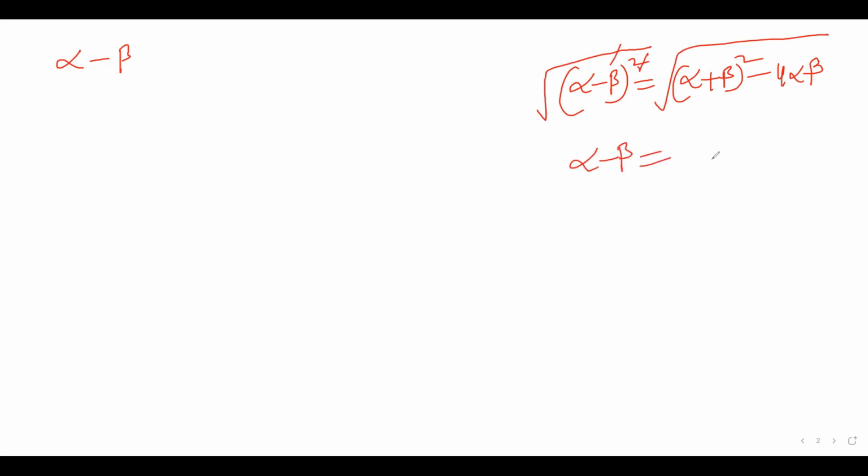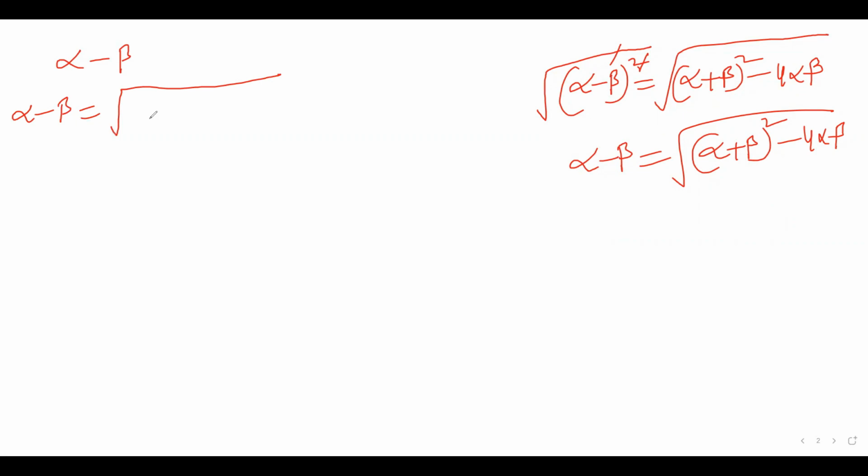We get the value of alpha minus beta, which is nothing but under root alpha plus beta whole square minus 4 alpha beta. So whenever alpha minus beta comes, you will be using this formula. So here I'm going to write alpha minus beta is nothing but under root alpha plus beta whole square minus 4 alpha beta. Is that okay?